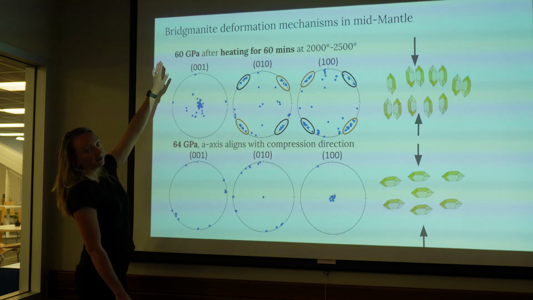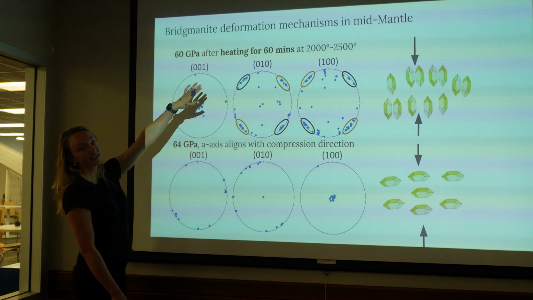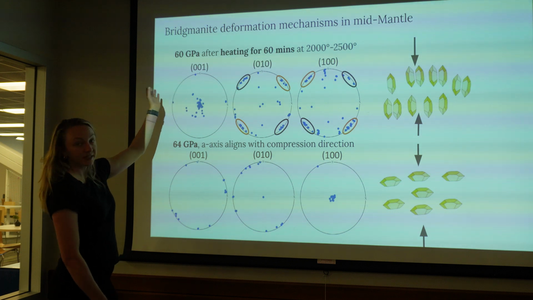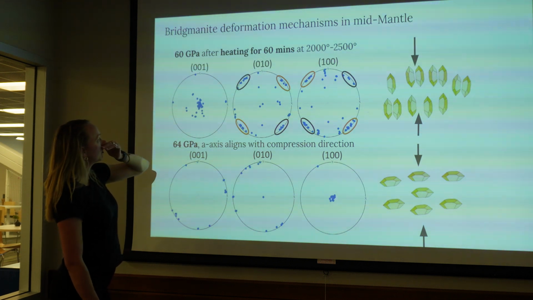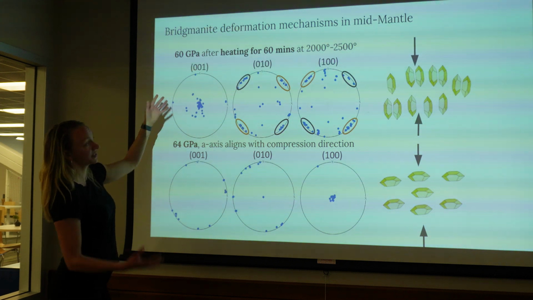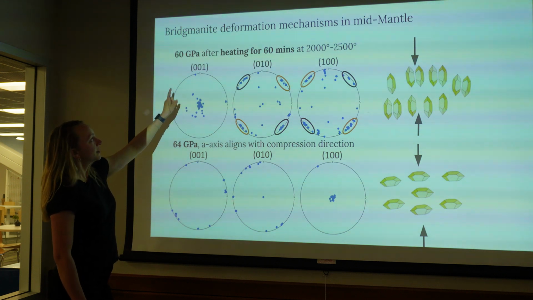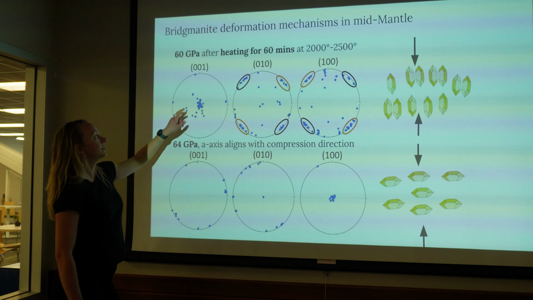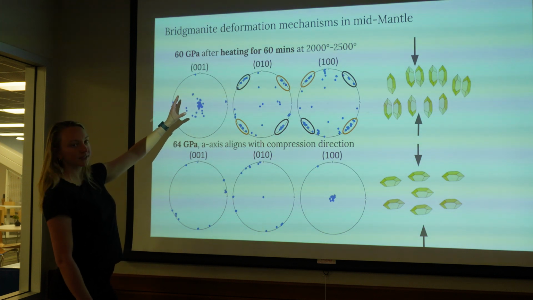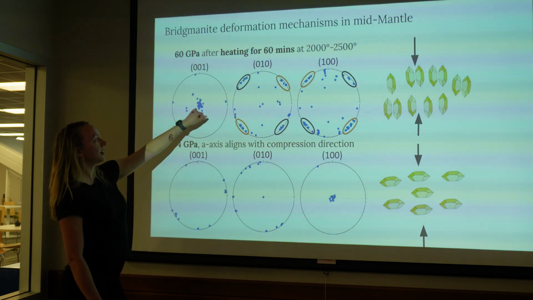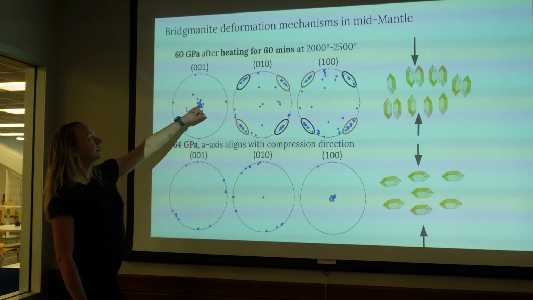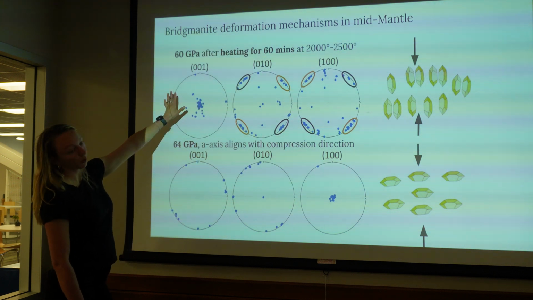At 60 GPa, which is our pressure step, we heat it for 60 minutes using that infrared laser. We take a diffraction pattern. We actually take a series of diffraction patterns and stitch them together. And then what we reconstruct is we see that all of the C axes of our sample chamber are relatively aligned in the center of our pole figure.